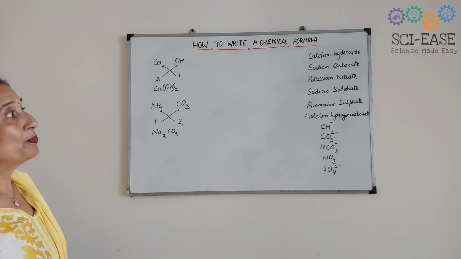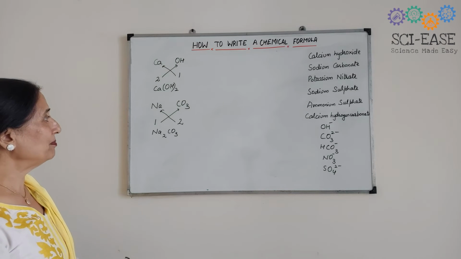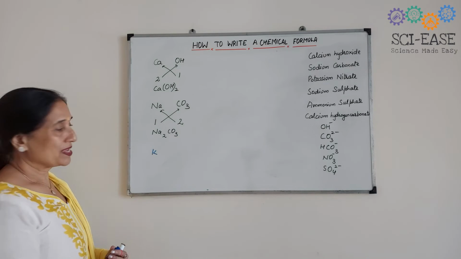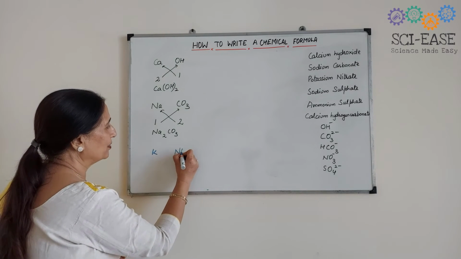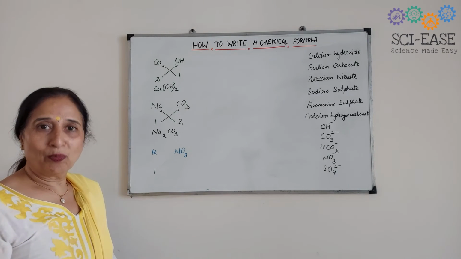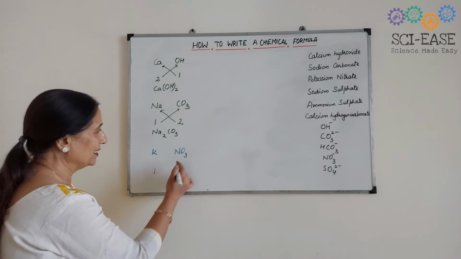Now next is potassium nitrate. What is the symbol of potassium? Symbol of potassium is K. Nitrate, NO3. Potassium is again monovalent cation. So 1 here.